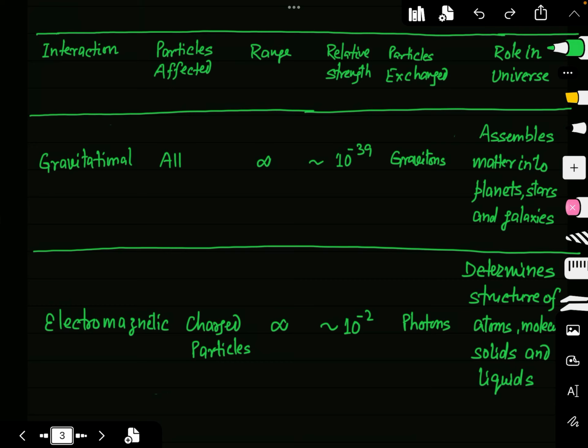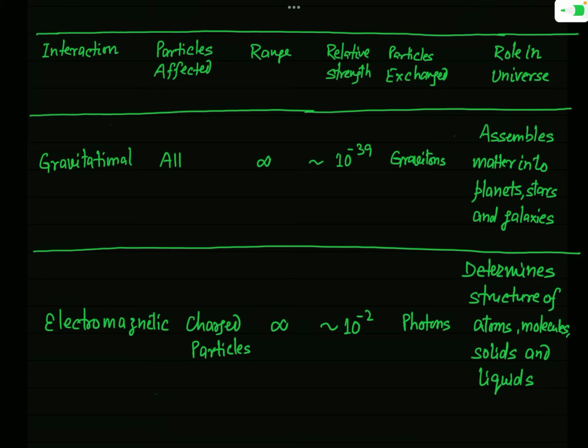Actually, in this lecture, I am just giving you all this information regarding these four fundamental interactions in a tabular form. And as I have told you, we will discuss all these interactions separately, individually, in the forthcoming lectures. But just in tabular form, I am giving you the important information regarding these four types of interactions.